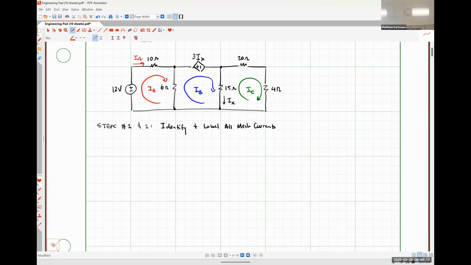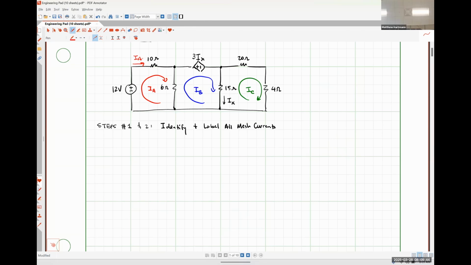You guys can do whatever you feel most comfortable with. I think the kind of circular arrow thing for the second moment of inertia for you mechanical students is in the opposite direction, so sometimes I believe MEs choose to go the opposite way around. It literally doesn't matter. As long as you indicate a current that is flowing around that loop in whatever direction you choose, things are going to work out okay.